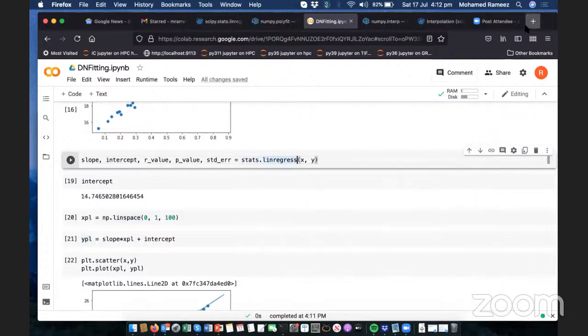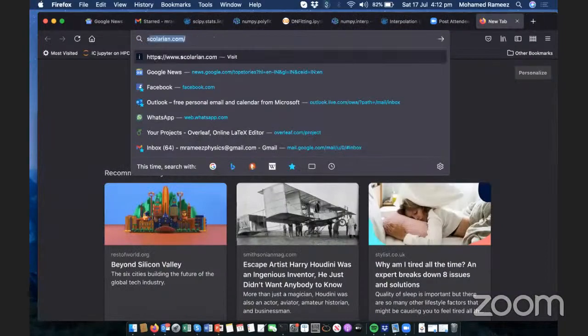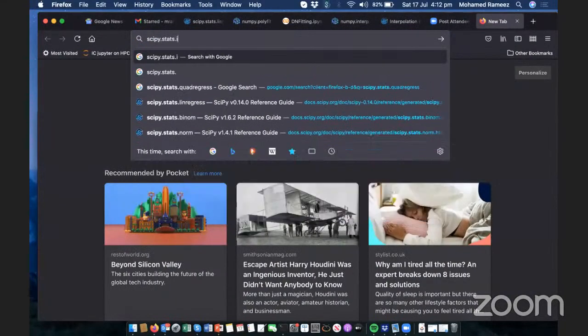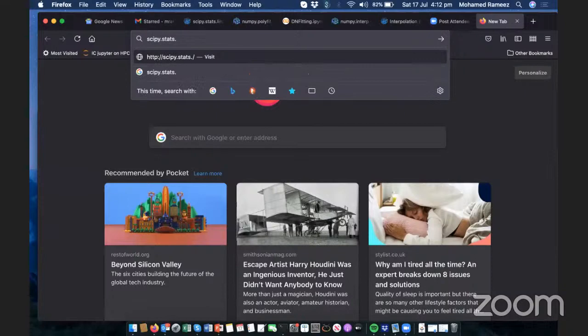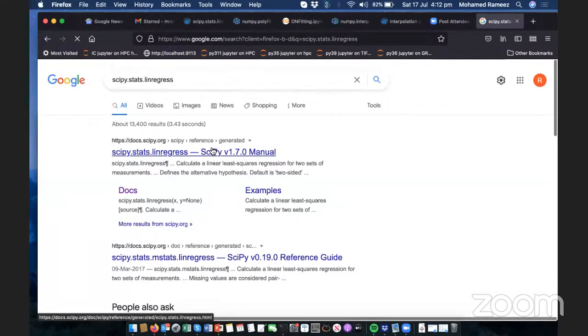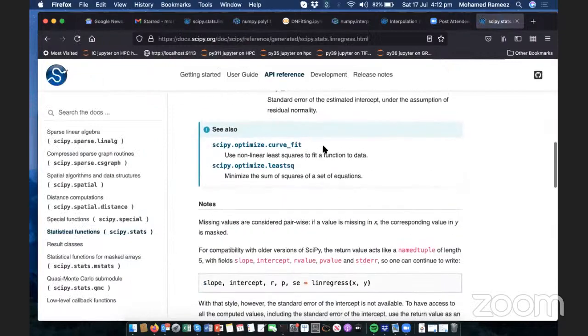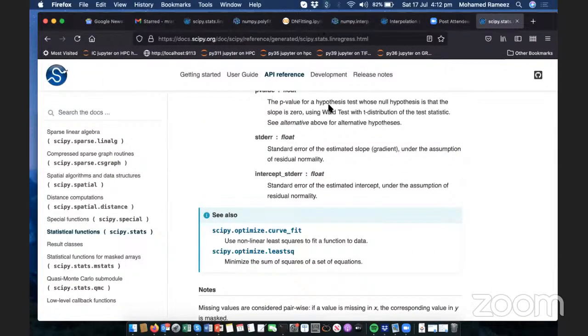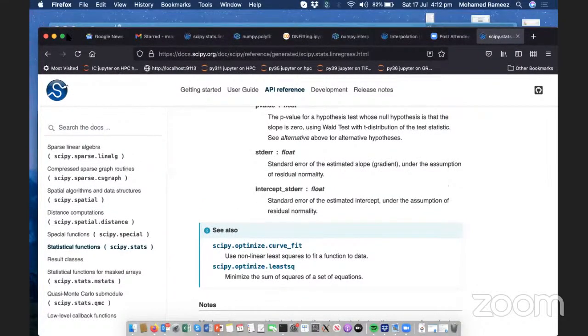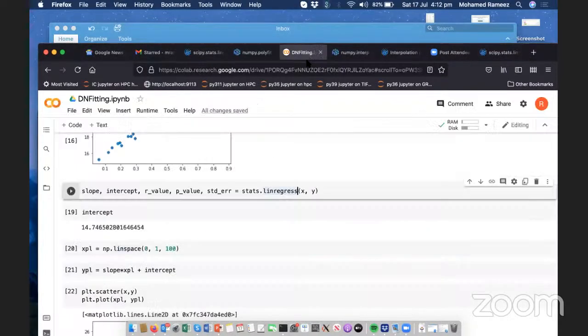Otherwise, you can just type scipy.stats.linregress into Google, and usually the first thing that comes up is the documentation for the function. And so this is how you look up how a function works. And once you have that figured out, you understand what those things are.